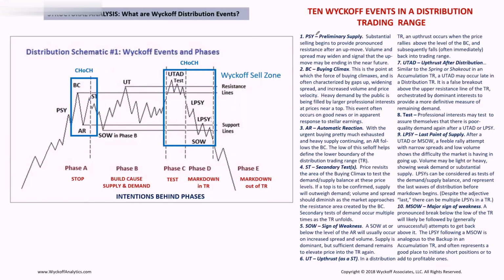As usual, I'm giving you the definitions and the characteristics of all of the Wyckoff events in the distribution range. This is something that I want you to print out, to have it in your library, and to study as a homework assignment, and obviously to remember those characteristics.